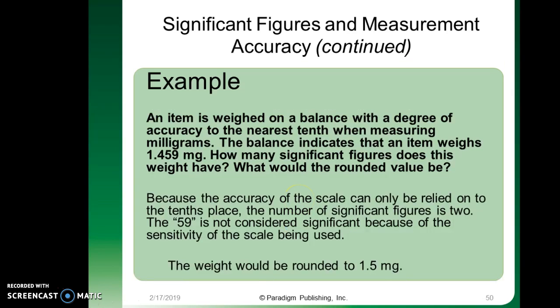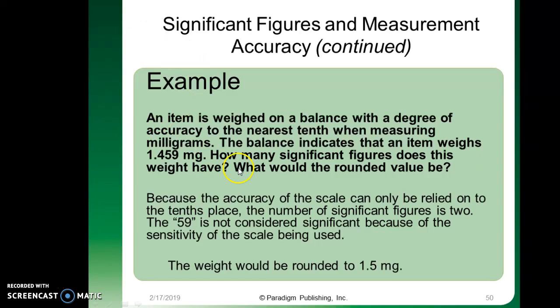So here's an example. An item is weighed on a balance with a degree of accuracy to the nearest tenth place when measuring milligrams. The balance indicates that the item weighs 1.459 milligrams. How many significant figures does this weight have? What would the rounded value be?